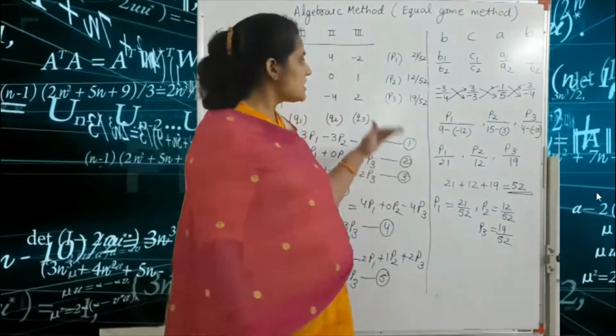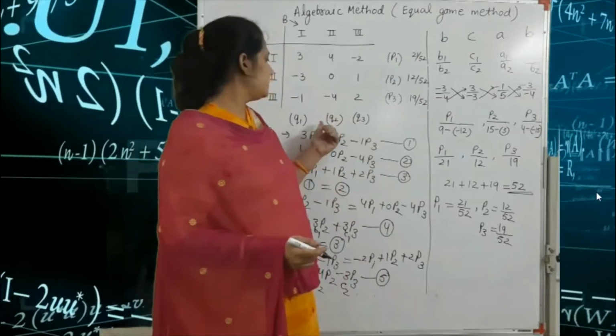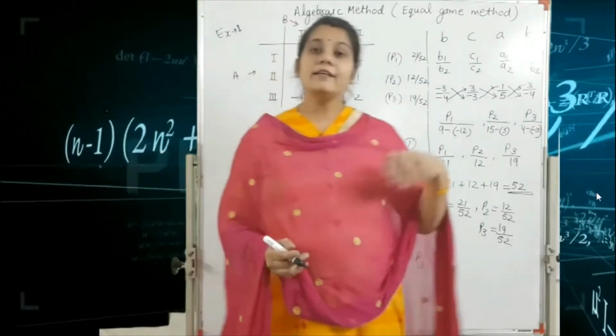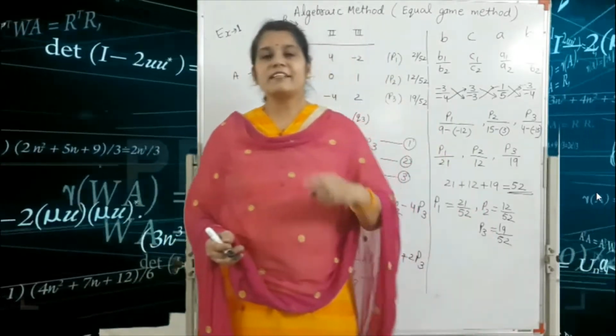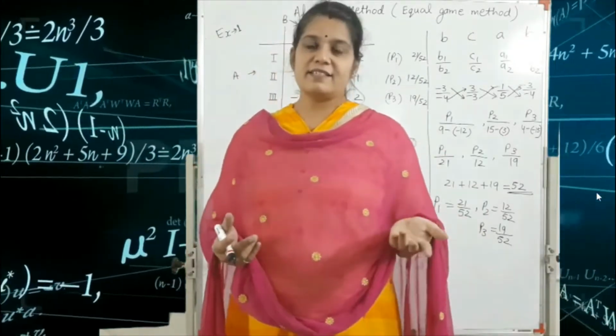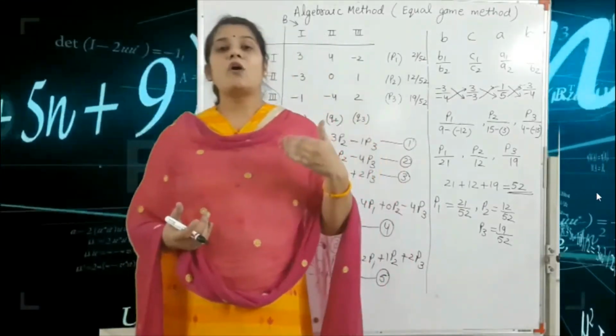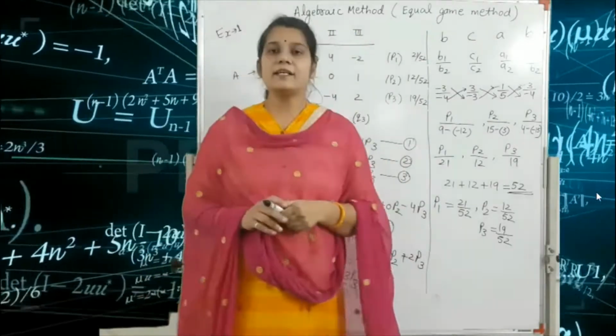Okay, so same process we use for finding Q1, Q2 and Q3. Okay, and after that there is one formula, that means we can't say that there is a formula, there is again some trick for finding the value of the game with the help of the algebraic method.